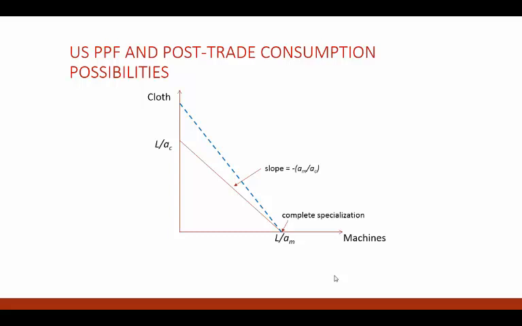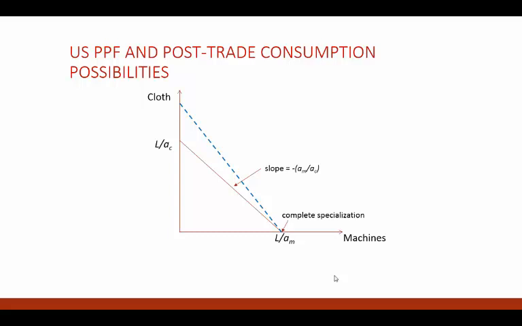The graphical depictions of these results can be seen. First, consider the US. The PPF is as before, which is the red line, the slope of which is the opportunity cost of producing a machine. Under autarky, that is also the relative price of a machine, PM over PC, and production and consumption is under PPF. With trade, complete specialization happens with the US specializing completely in producing machines.